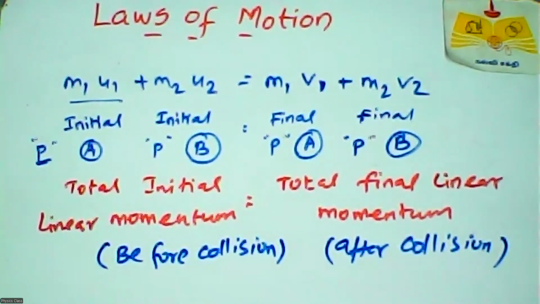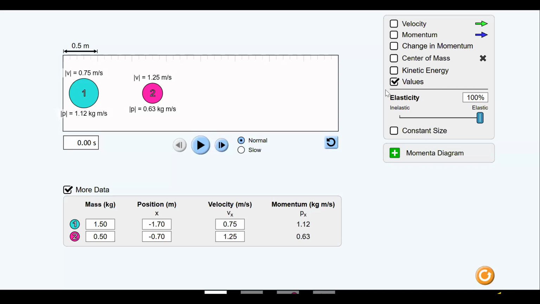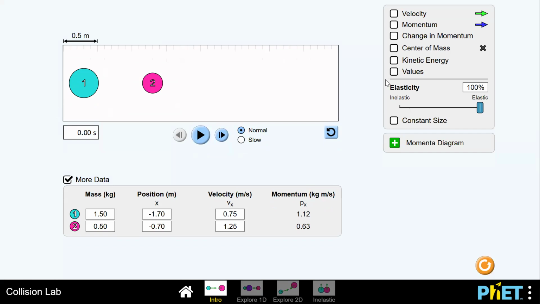Now we will go to one simulation regarding this concept. Wait, I will share it with you. You can check that. So this is one simulation for this law of conservation of momentum.